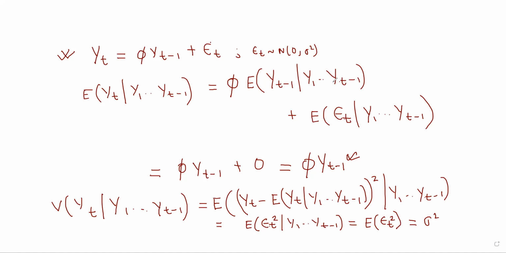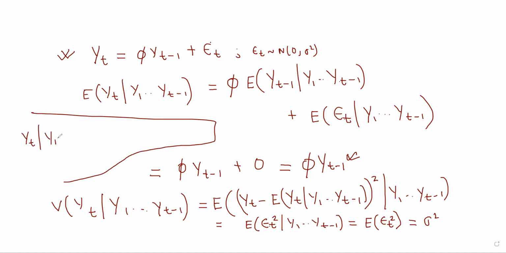So you see that your yt given yt minus 1, this conditioned random variable, follows normal with the conditional mean and variance sigma square.